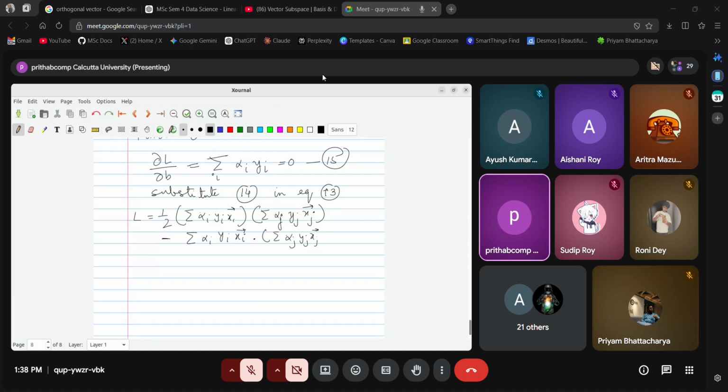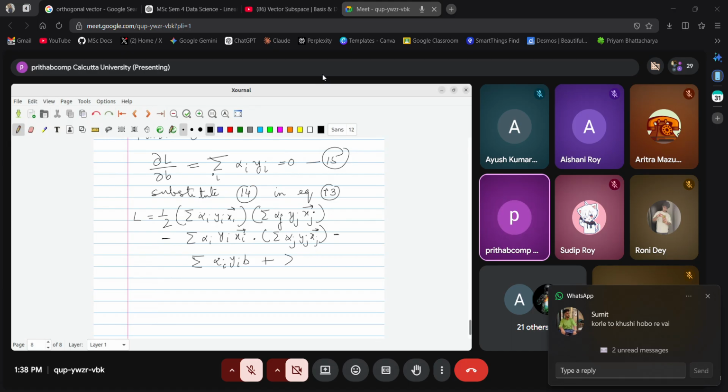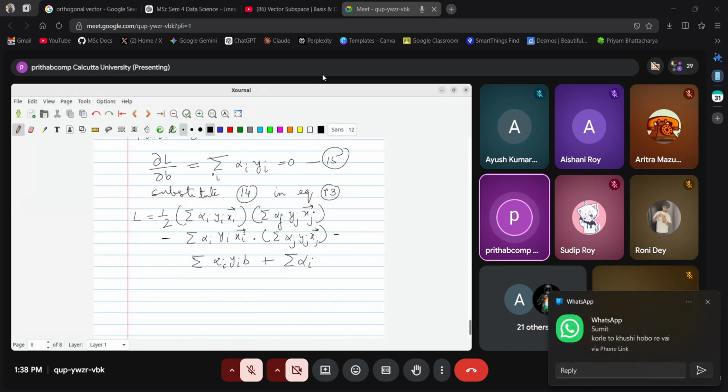Then minus b times the summation alpha i yi, plus the summation alpha i. I'm doing substitution and algebraic manipulation.